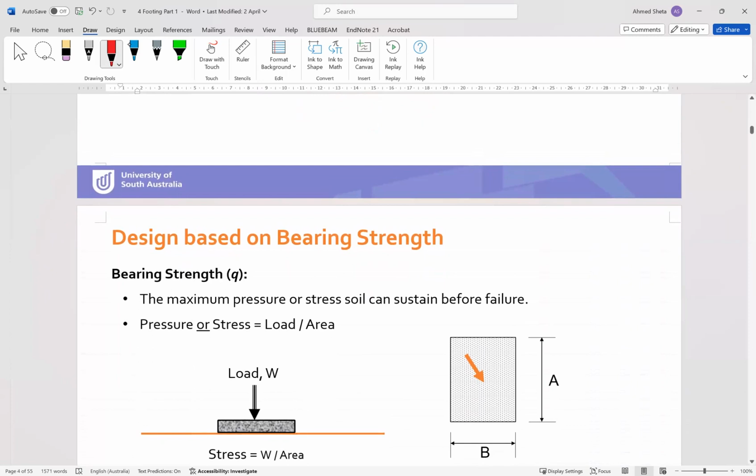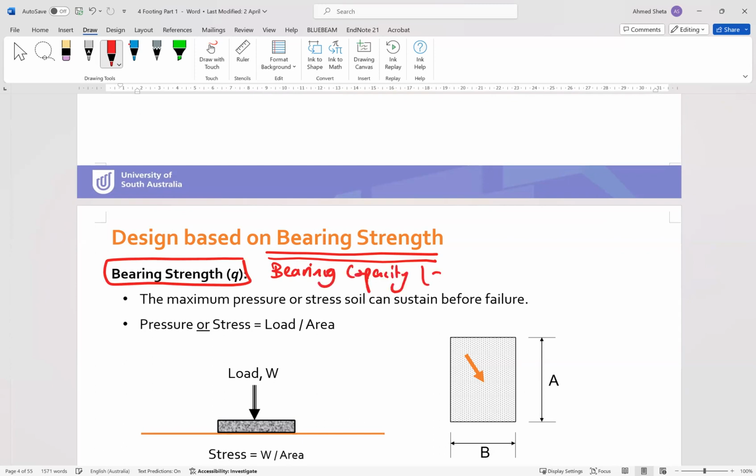Okay, so let's start talking about designing of shallow foundation based on bearing strength. What is the bearing strength? The bearing strength or bearing capacity, we give it the symbol Q. The bearing capacity is the maximum pressure the soil can sustain before failure.